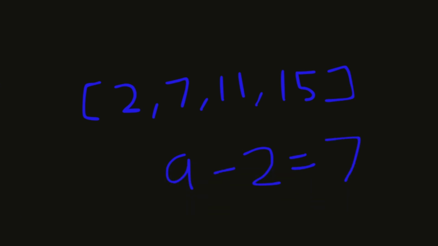We could do simple subtraction to see we need to find a 7. And when we need to find a number in an array, we could use a set or a hash map, which would give us O of 1 read time.